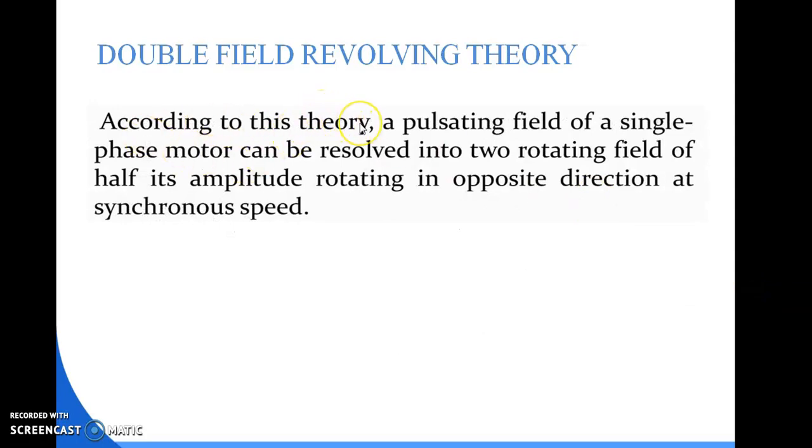According to the double field revolving theory, a pulsating field of a single phase motor can be resolved into two rotating fields of half its amplitude rotating in opposite direction at synchronous speed.